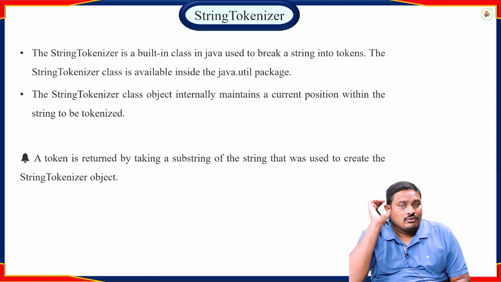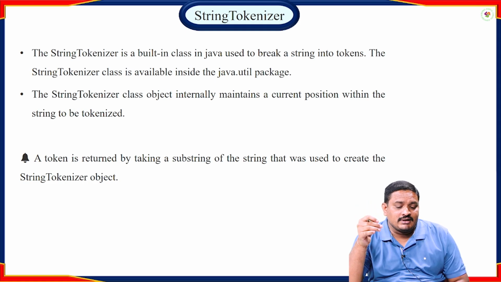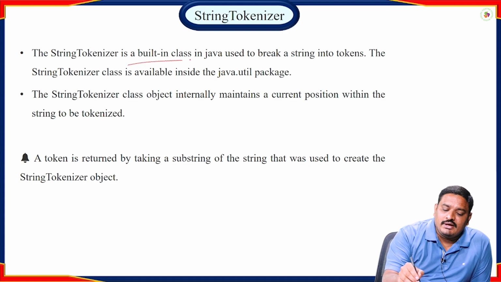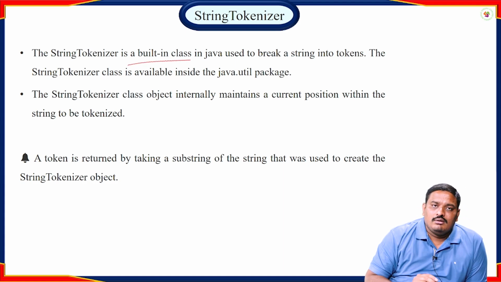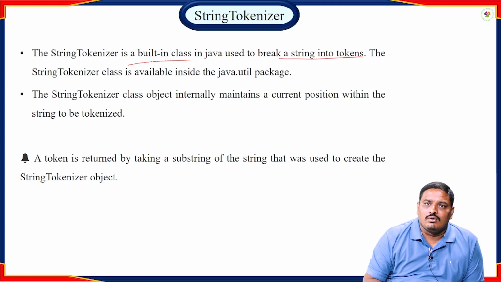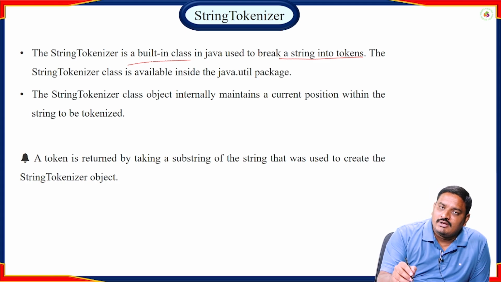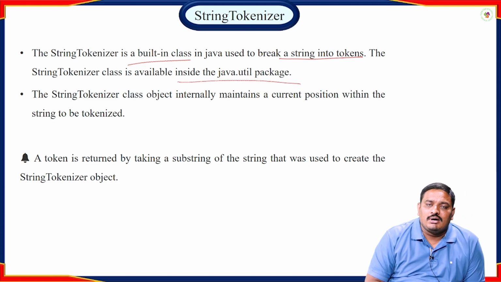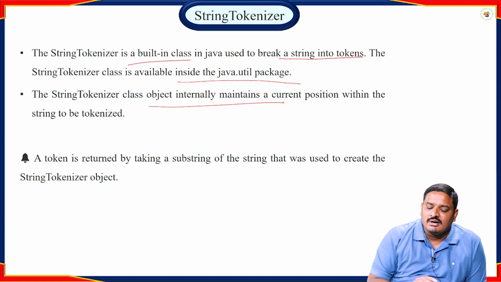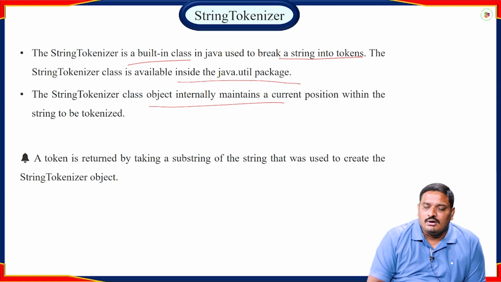Now see the StringTokenizer class. The next type of class is the StringTokenizer class. StringTokenizer is a built-in class in Java. Its main role is to break the string into tokens. The StringTokenizer class is available inside the java.util package. The StringTokenizer object internally maintains the current position within the string to be tokenized.